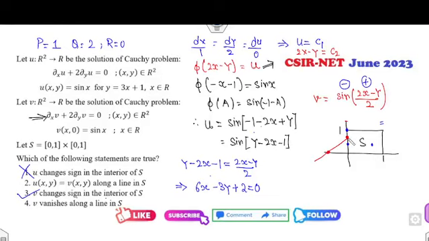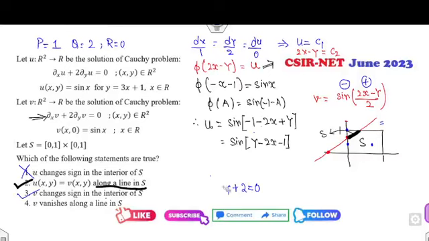So your graph will be this one. And clearly say on this line, this is the dark portion. What does it mean? On this portion, my u is equal to v. So yes, u is equal to v along the line in the S, and this is the portion which is in my S. So yes, B option is the correct option.